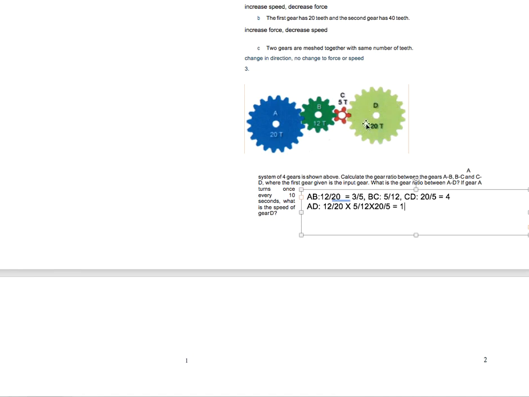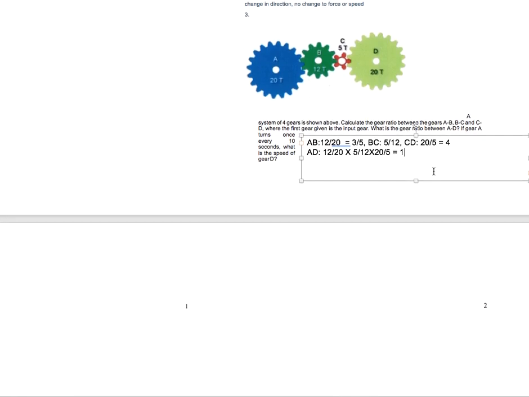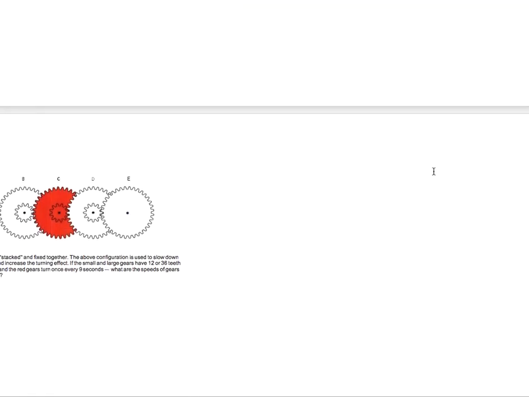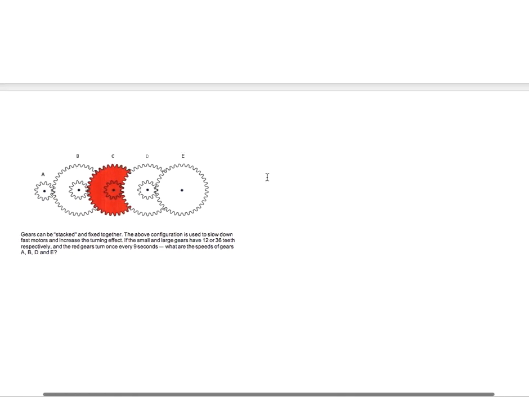So, in a perfect world, of course. So, given that they are the same size, they have to be doing the same thing. So the ratio has to be 1. And of course the speed of D and the speed of A are the same. So that's question 3.